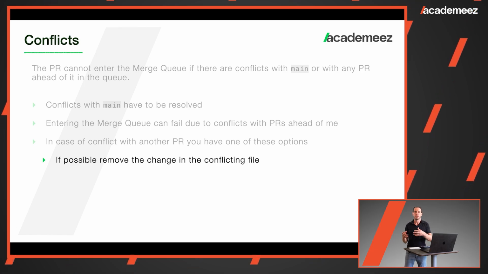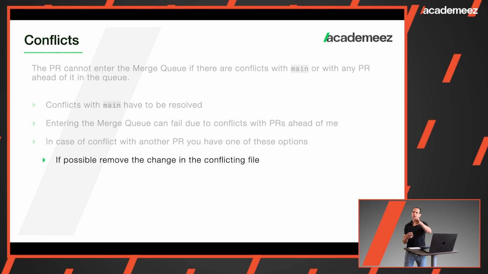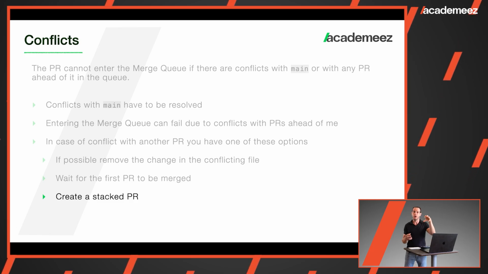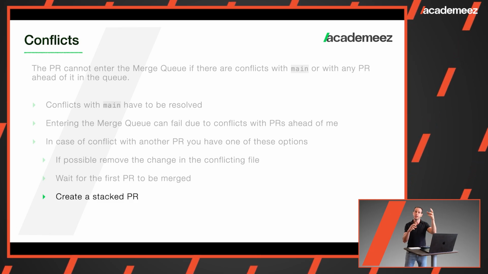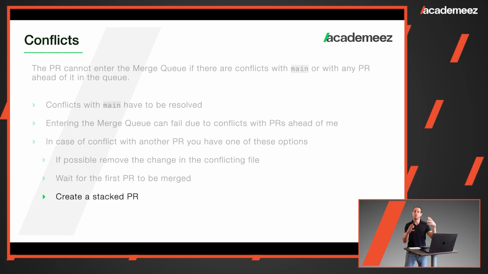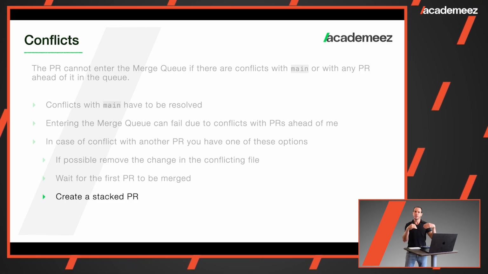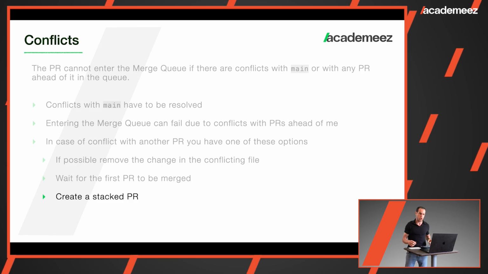Usually it's not a use case you can do, but sometimes you can take the conflicting file out of your PR and maybe move it to a different PR. You can wait for the PR ahead of you to be merged. You have a conflict with a PR, you might wait for that PR to finish running in the merge queue and be merged to main, and only after it is finished, click merge when ready and push your PR into the merge queue.